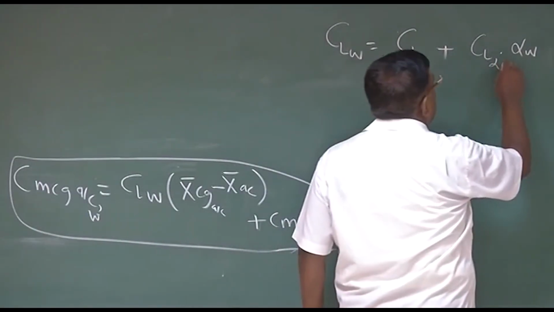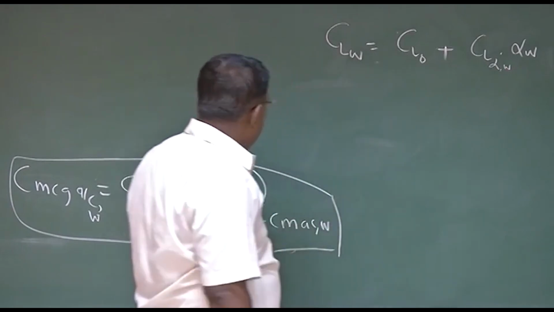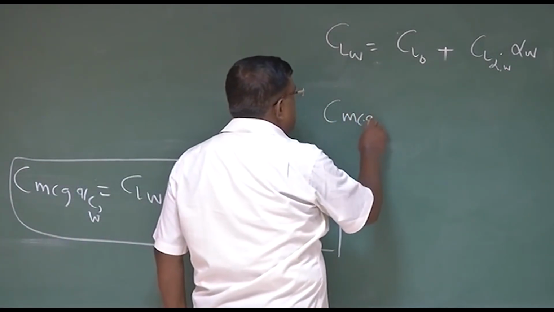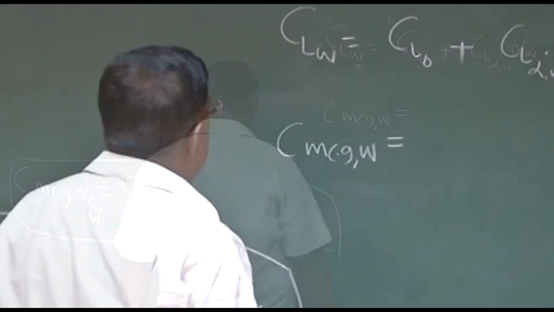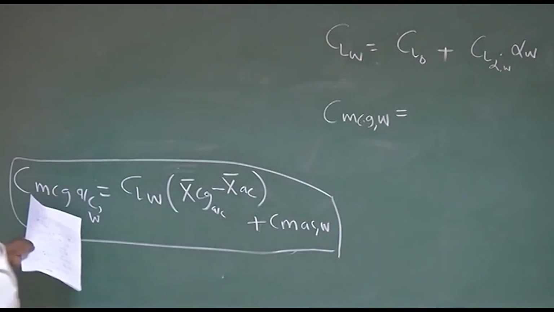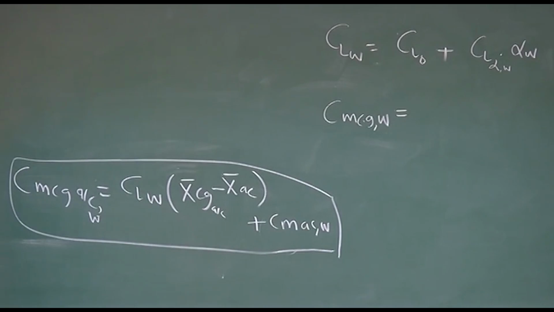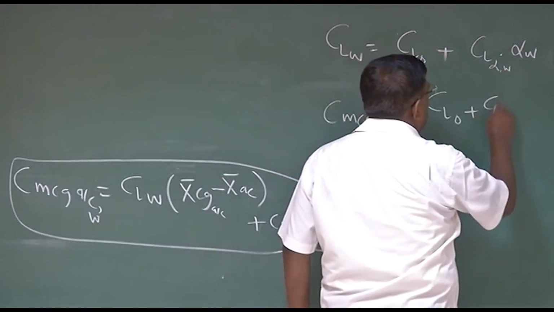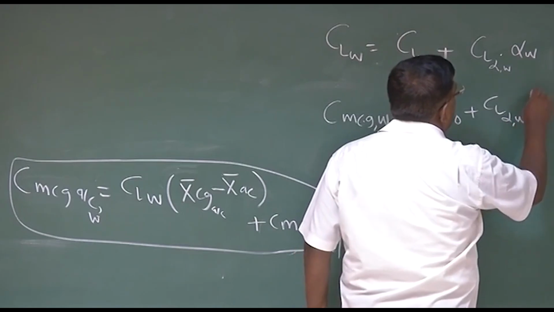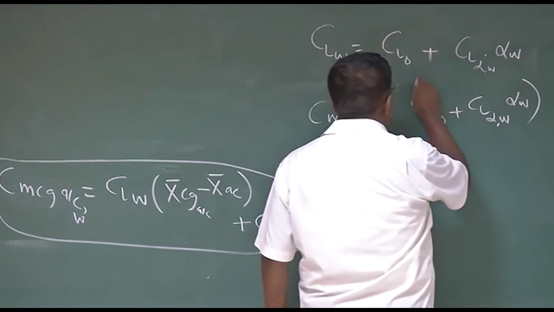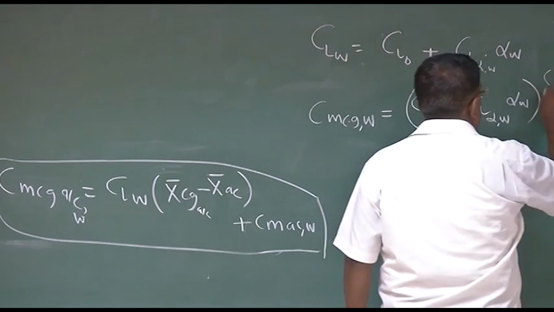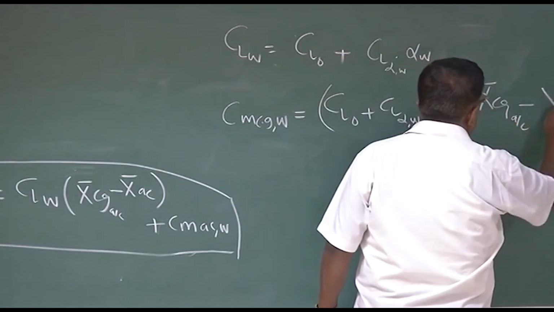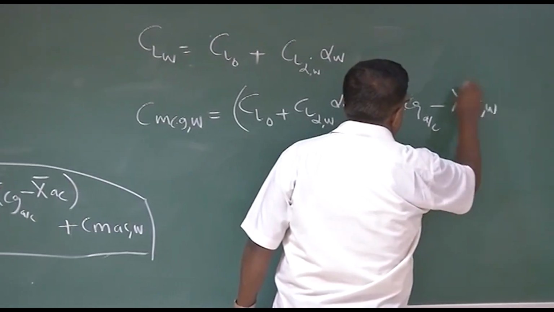We should be careful here. If I do that, then I get CMCG because of wing, of the aircraft, which is redundant, equal to CL naught plus CL alpha of the wing into alpha of the wing, into X CG bar of the aircraft minus X AC of the wing.